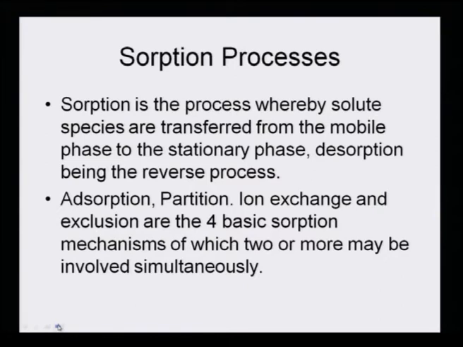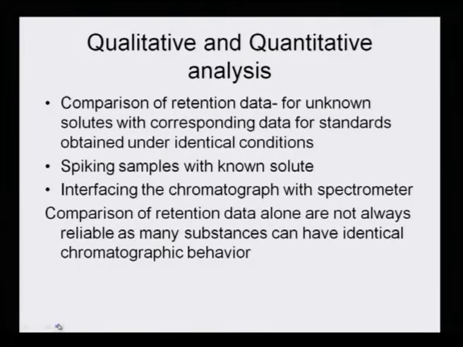Adsorption, partition, ion exchange and exclusion are the four basic mechanisms, of which two or more may be involved simultaneously. So, do not get confused by the different nomenclatures, because the nomenclature depends either on the mechanism or on its mode of action.